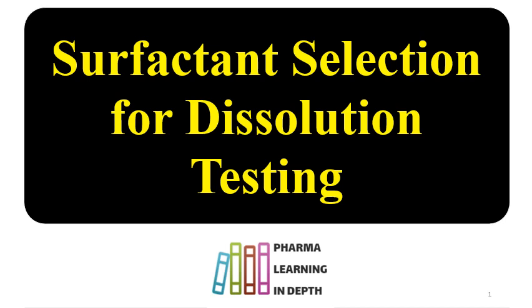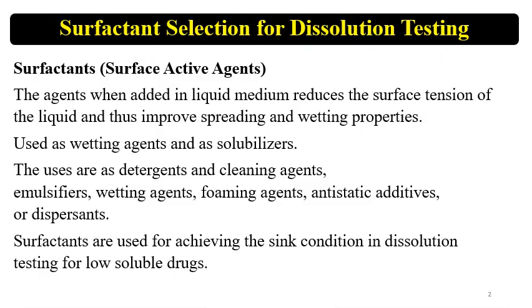testing. So generally surfactants are used for dissolution testing of formulations containing insoluble drug substances, or you can say poorly soluble drug substances, or hydrophobic drug substances. So starting from the basics of surfactants, generally these are called surface active agents.